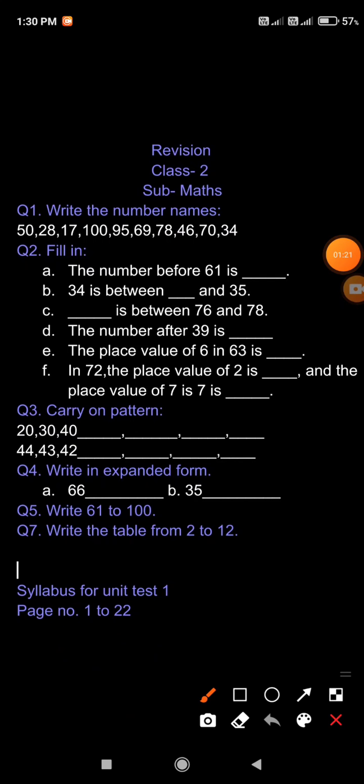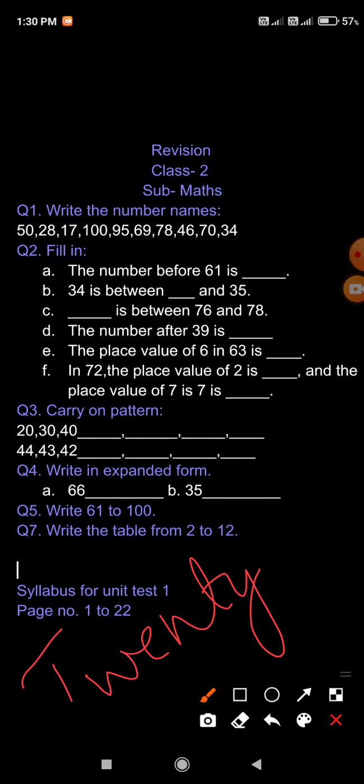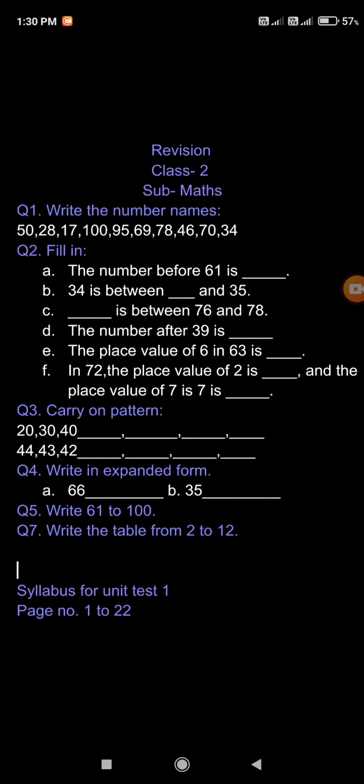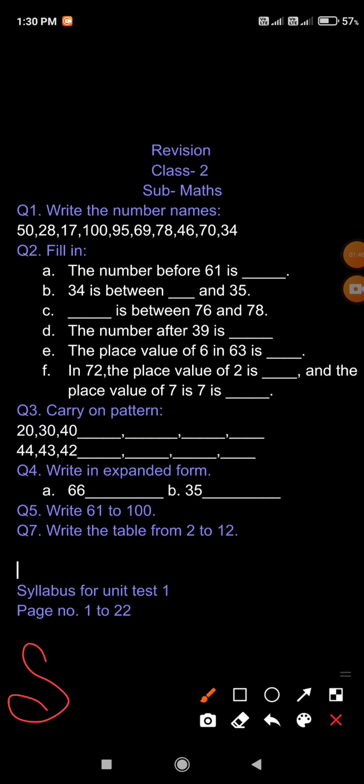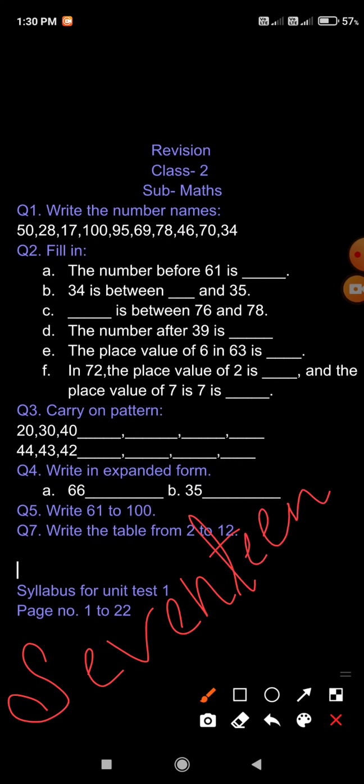Now second one is 28, T-W-E-N-T-Y, 28, E-I-G-H-T. Third one is 17. Write the spelling of 17, S-E-V-E-N, 17, T-E-E-N, 17.